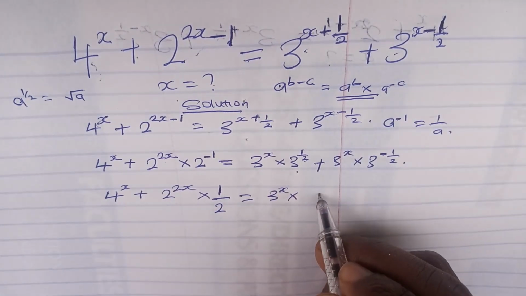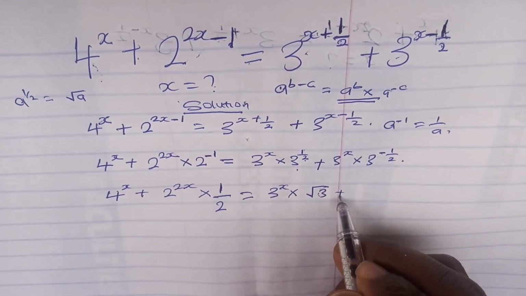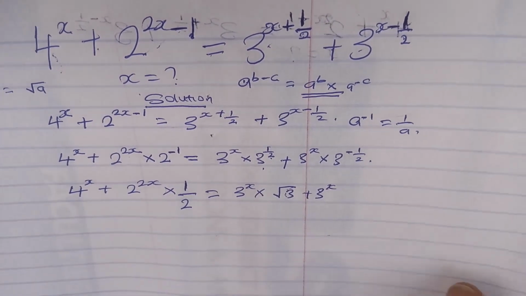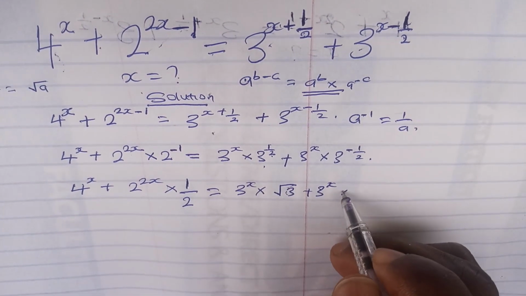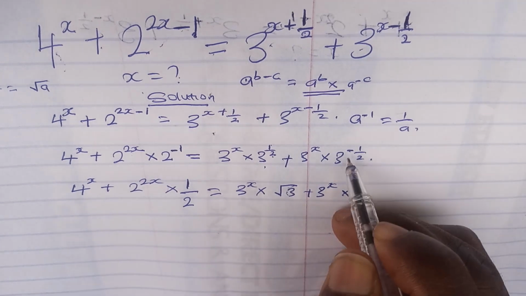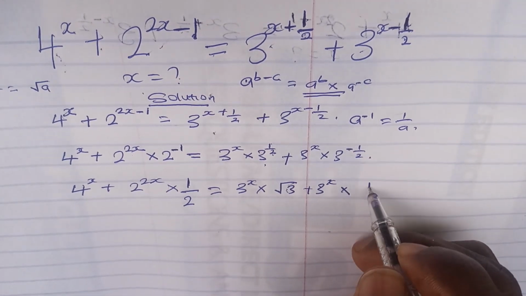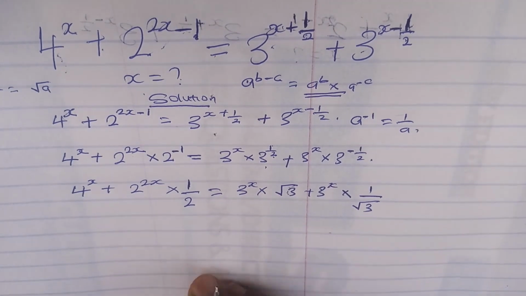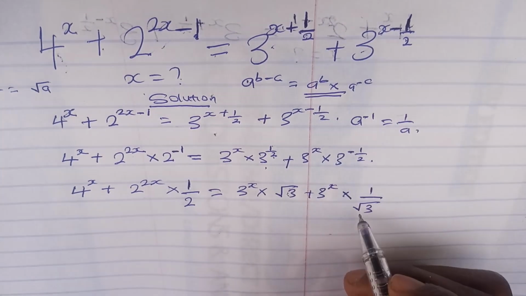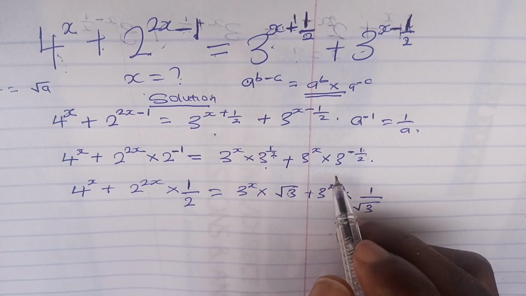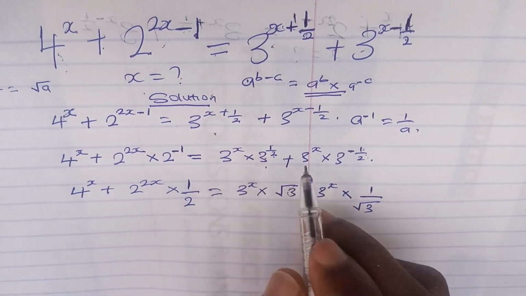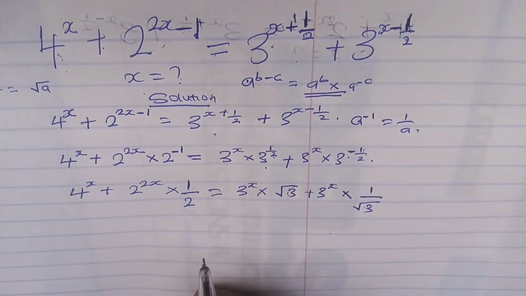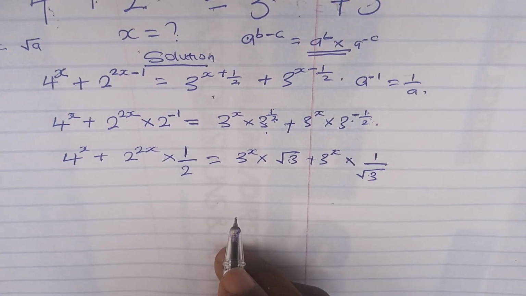So if we do that here, we can have this to be root of 3 plus 3 to the power of x times, this is going to come down, we are having it to be 1 over root of 3, because you can see it has a negative sign, then it goes down and takes a square root. The principle we applied here, we also apply here, but this one is not going down because of the negative sign. So having done this, what are we simply going to do?